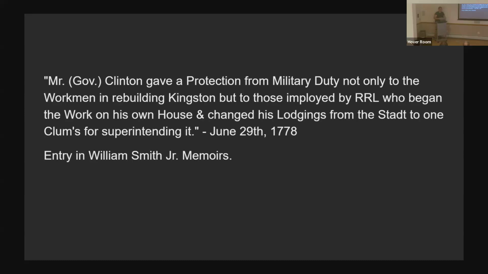On the Wigram map, I believe there's one Clum family in far southern Germantown, and then there are several more Clum families along today's Route 6, so much closer to the area of Claremont than Linlithgo. And that little tidbit about Chancellor Livingston during the war years, I didn't know until I read Smith's memoirs here.